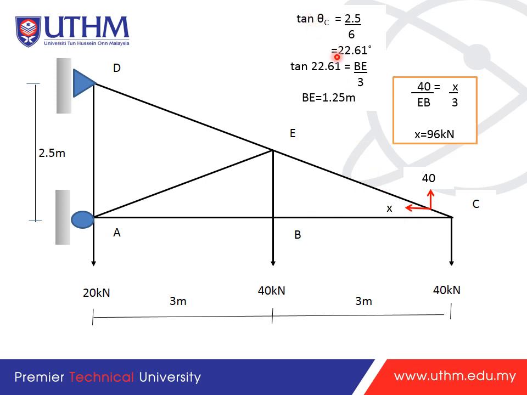If we use tangent, we get 22.61. Using the angle, we can find BE, so we get 1.25. From 1 to 5, we substitute this value, so you will get x is 96. Okay, so that finishes this part.